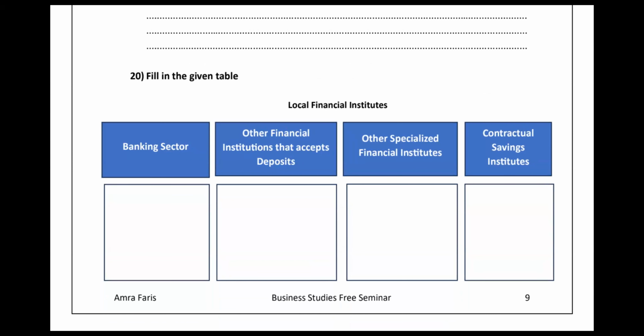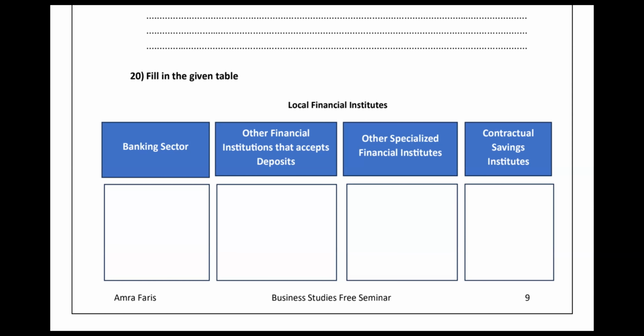So actually, if you take financial institutions, they are divided into 4. You have 4 types of financial institution. The first one is the banking sector, and the next one is other financial institutions that accept deposits. Banking sectors legally can accept deposits, right?